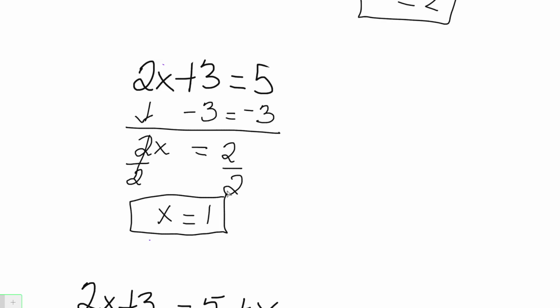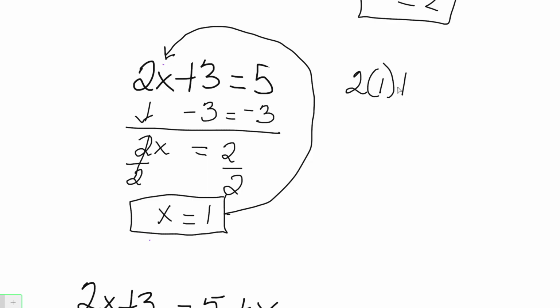Let's check. I'm going to show you how you check to make sure if it's true. So this means that if I plug my 1 for that x, it should be 5. Let's check. 2 times 1 plus 3 equal 5.